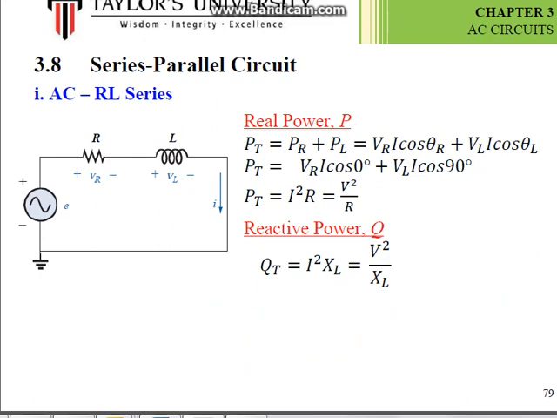If I'm talking about real power, remember what we have mentioned earlier, it means the power through my resistors. Therefore, it can be found by I squared R or V squared over R. Reactive power, on the other hand, in this case I only have my L, so it is I squared XL, or V squared over XL.